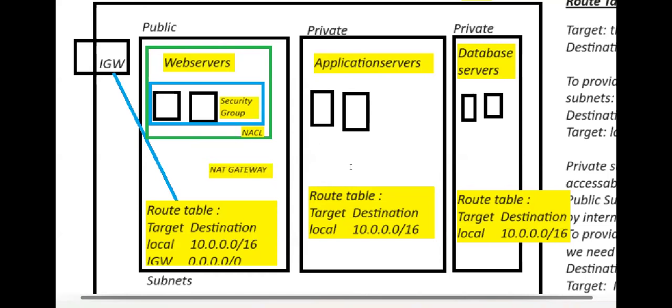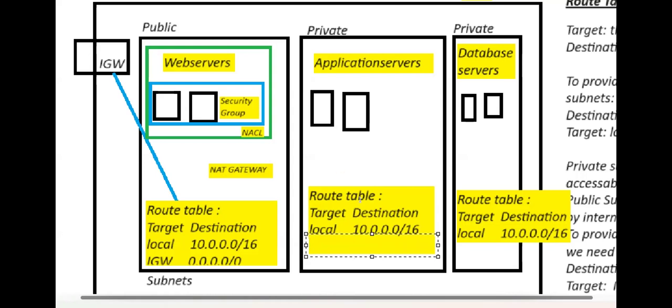So let's say I have created a NAT gateway in my public subnet, and I want to attach this NAT gateway as a rule to my private subnets' route table.